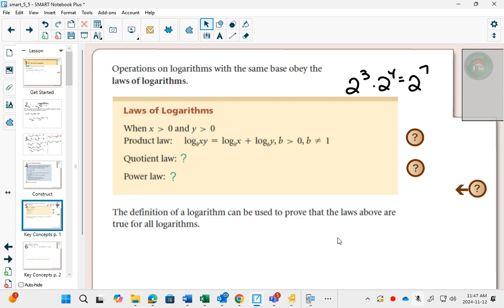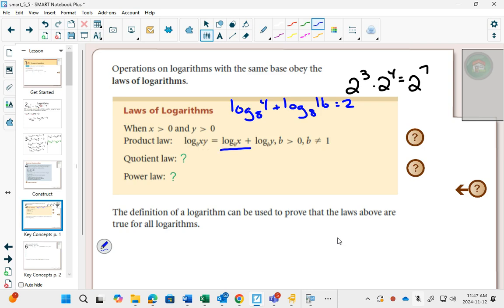And in fact, the example that I just showed you can be explained with this log law. Remember, I showed you that log base 8 of 4 plus log base 8 of 16 is equal to 2. Well, what am I doing here? I'm adding two logarithms. I have the right-hand side of this log law. I'm adding two logarithms with the same base. The log law says that I would be allowed to multiply the 4 and the 16, and this is exactly the same.